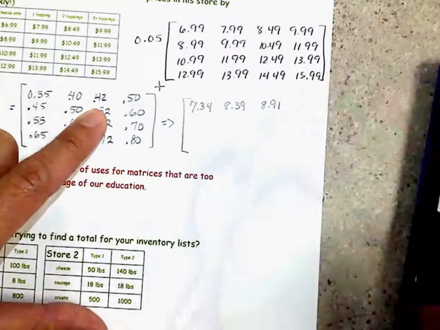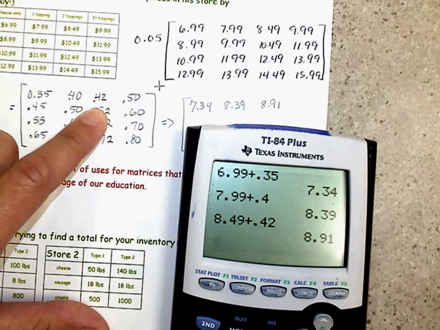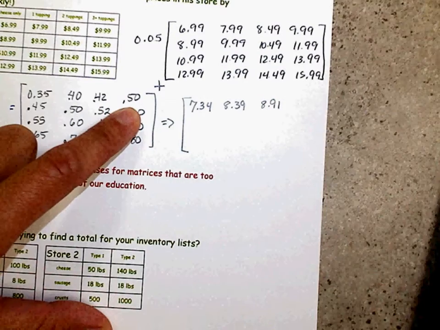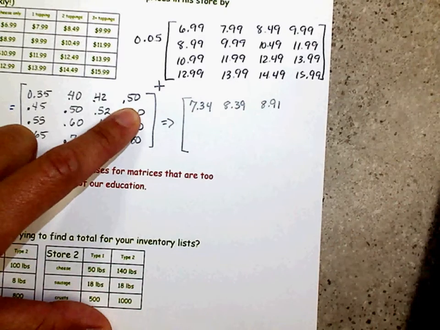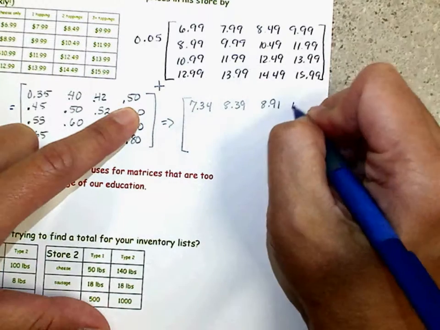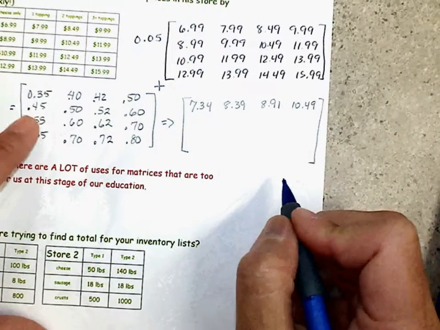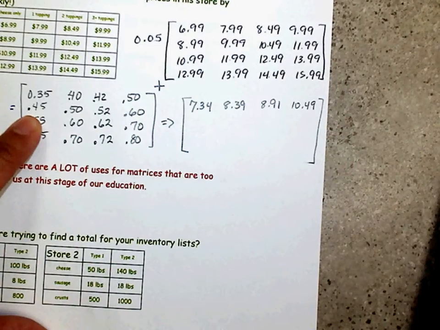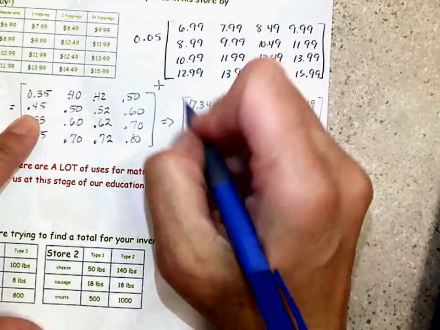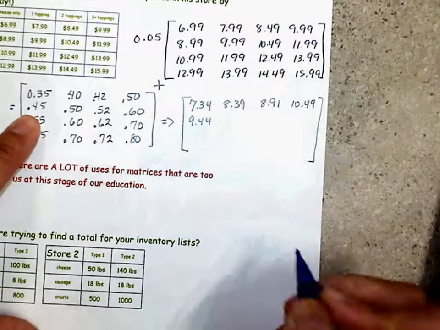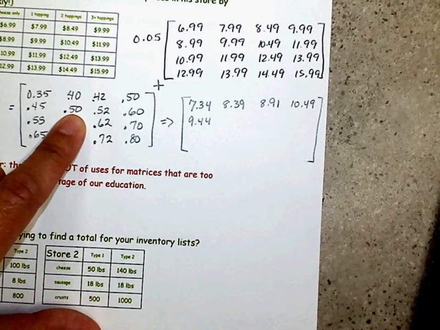Next one, 0.5 plus 9.99, and you start to see a pattern. So that's your new price. Next one, 0.45 plus 8.99. Second row, first column. So $9.44. 0.5 plus 9.99, $10.49.